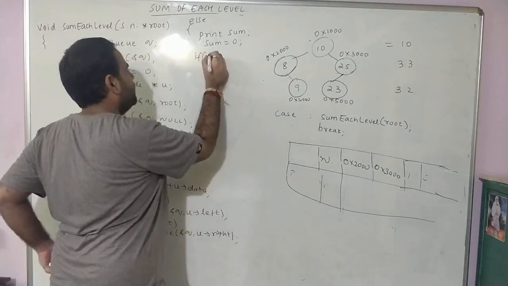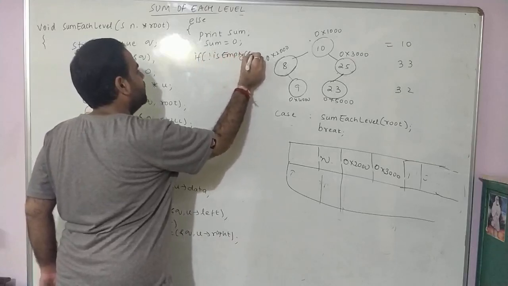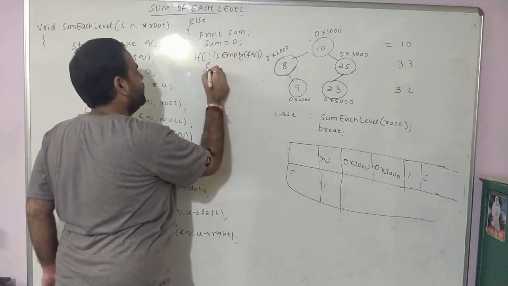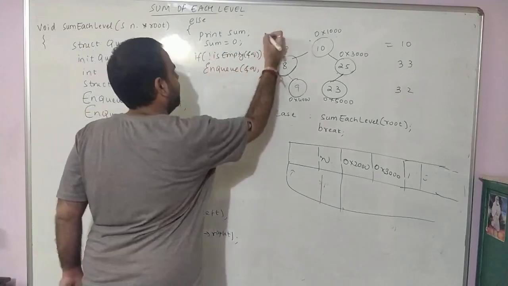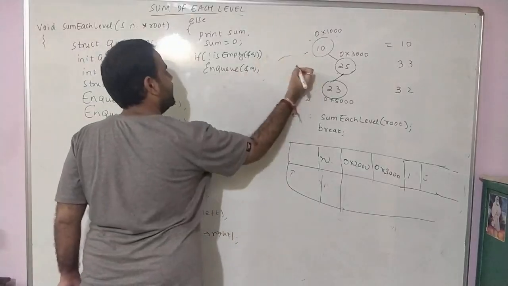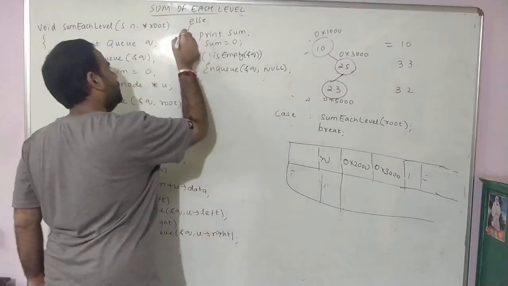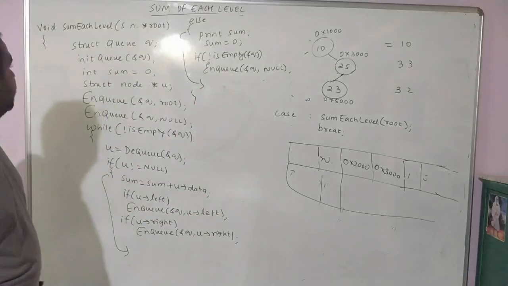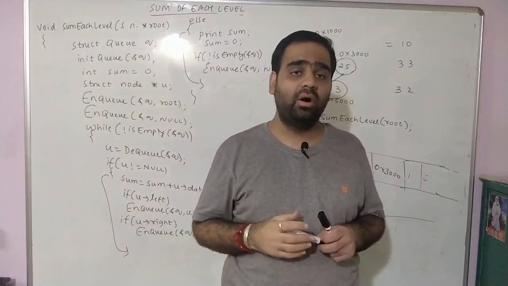Hence, we write if not is empty of q. If the queue is not empty, then only we enqueue null in this queue. Is that okay? This is the end of else, and this is the end of the function. This is how we write the level sum of each level.